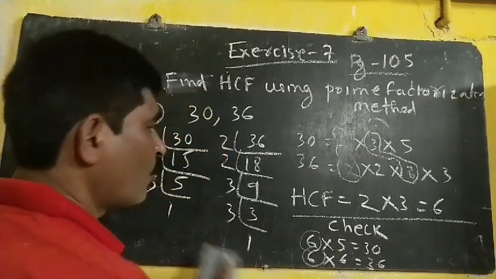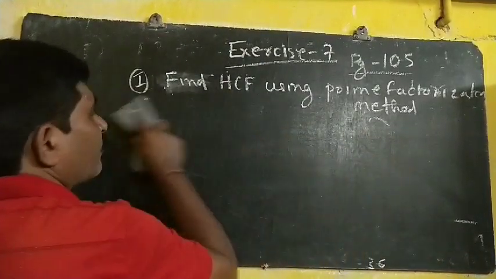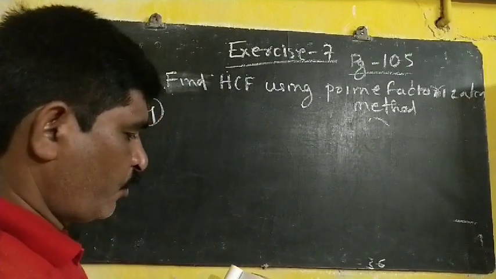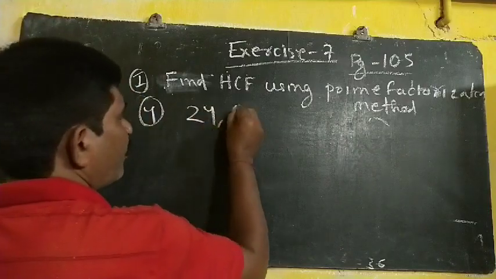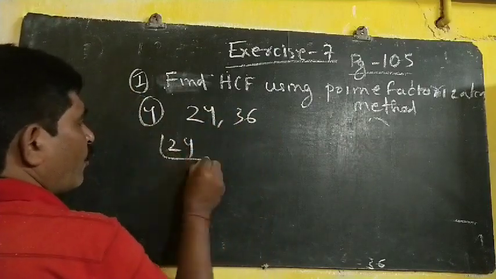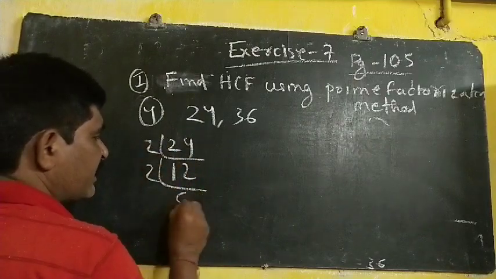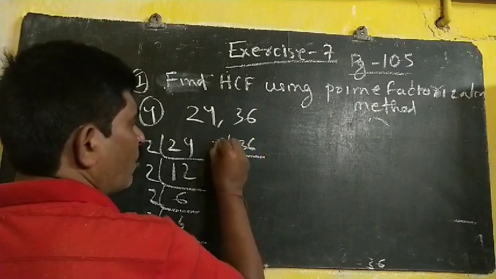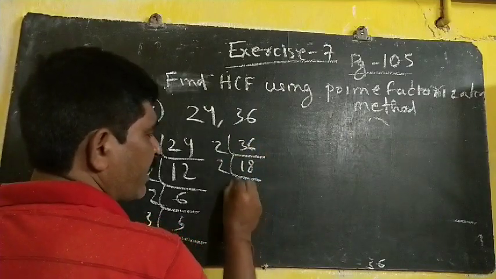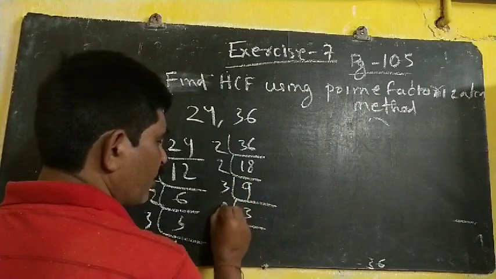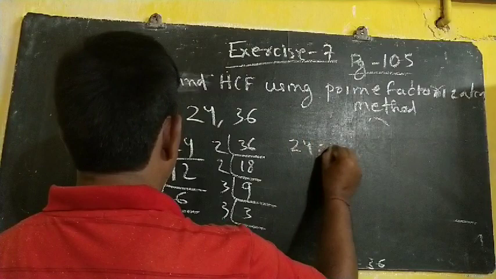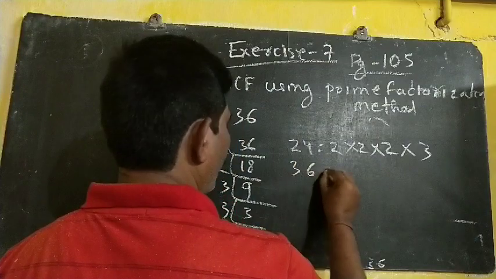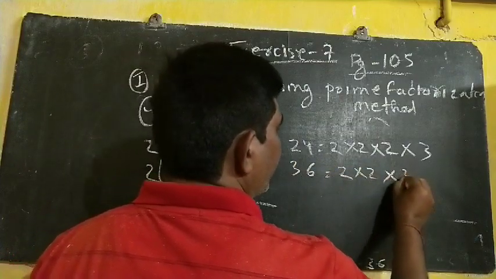Clear? Then we will go for number 4. 24 and 36. Clear? 24, 2 goes means 12. 2 goes means 6. 2 goes means 3. Again 3 goes means 1. 36, 2 goes means 18. 2 goes means 9. Now 3 goes means 3. 3 goes means 1. So 24 equals 2 into 2 into 2 into 3, and 36 equals 2 into 2 into 3 into 3.